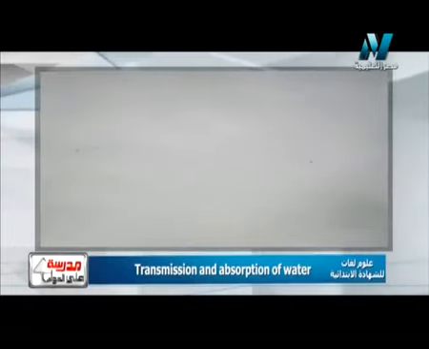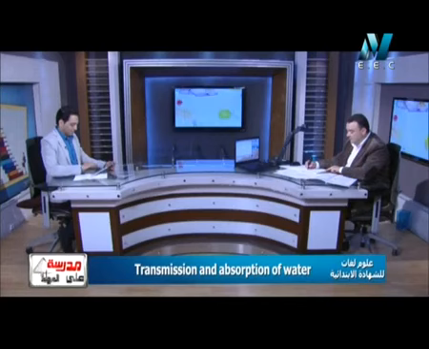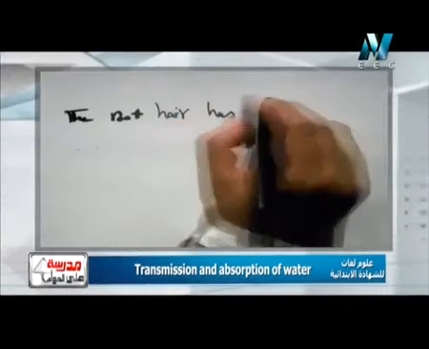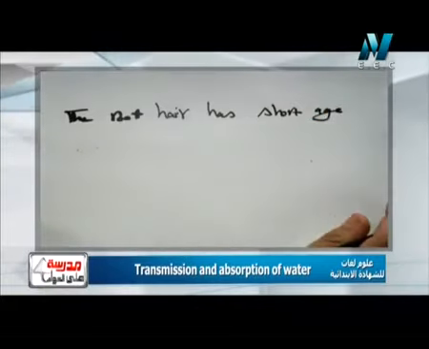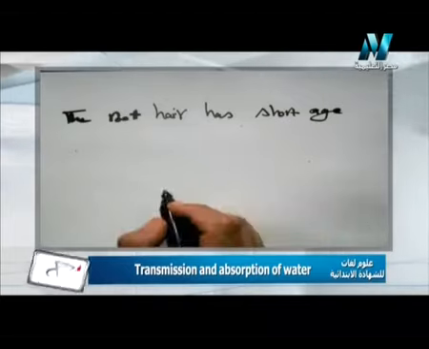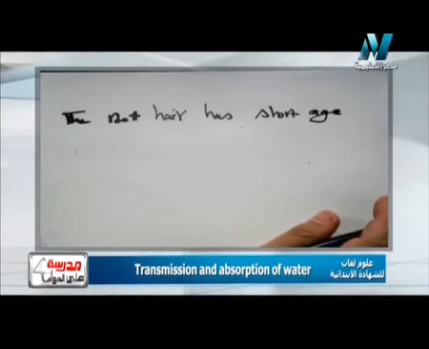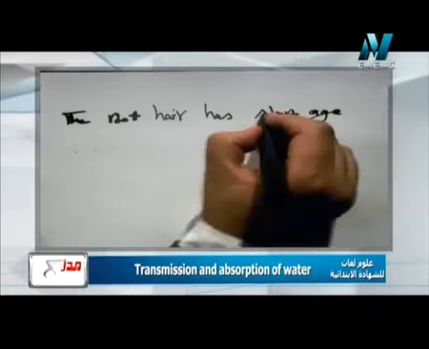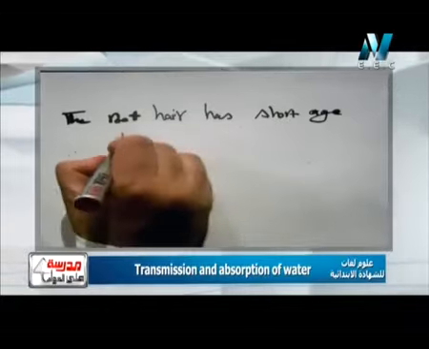We can see that the root hair has short age. Okay, Mr. Yasser? Yeah. After a while, give me a chance to prepare a very important video about the osmosis process. It is short-lived. Yeah, short-lived or short age. Why? Because it sloughs from time to time.